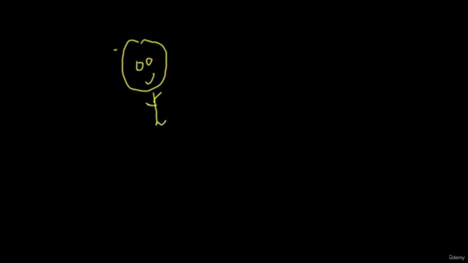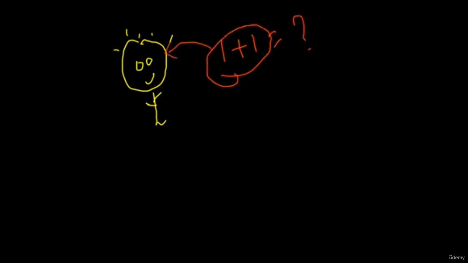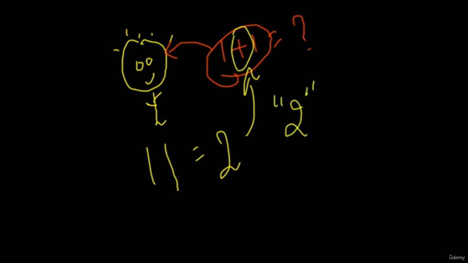So I asked what is 1 plus 1? I actually gave the input to the kid's mind, and now his mind is processing 1 and 1. So 1 and 1 is 2, and I asked for the addition, so the answer is 2. So this is our output, and this is obviously our input.